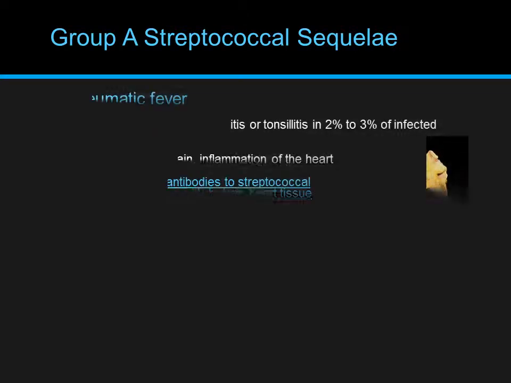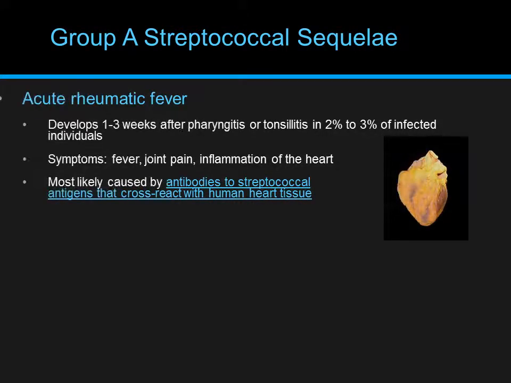When infections with group A strep aren't treated rapidly or effectively, there's a couple of streptococcal sequelae that can occur. Sequelae is sequel, basically, and it's something that occurs after the primary infection is gone, and both of these do involve the immune system.